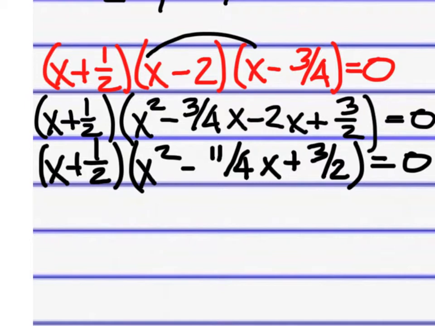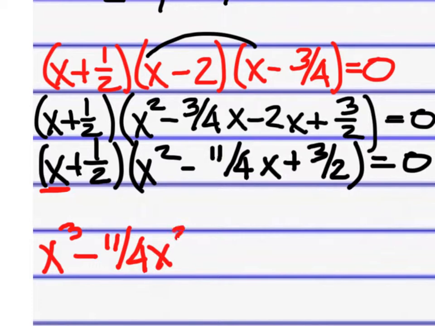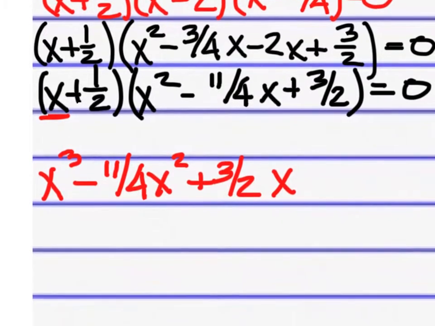So let's start with the x term here and come up with x to the third minus 11 over 4 x squared plus 3/2 x. And now we will switch to the positive half and multiply it by each of these.